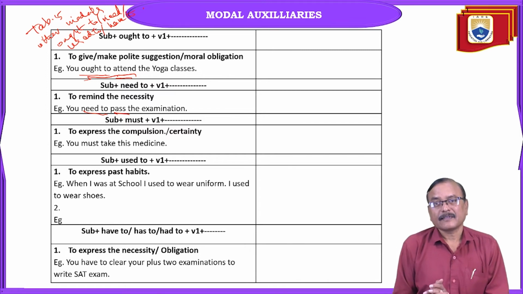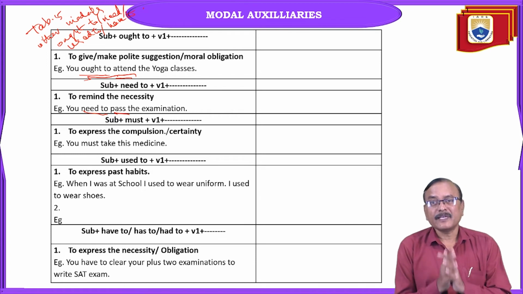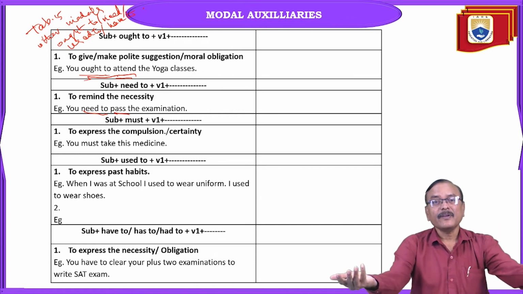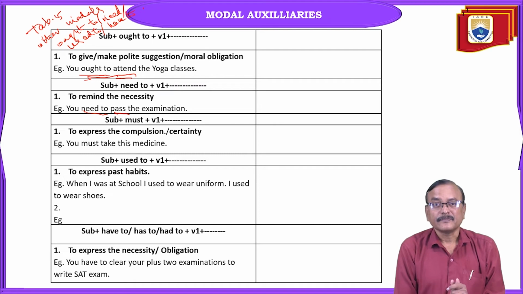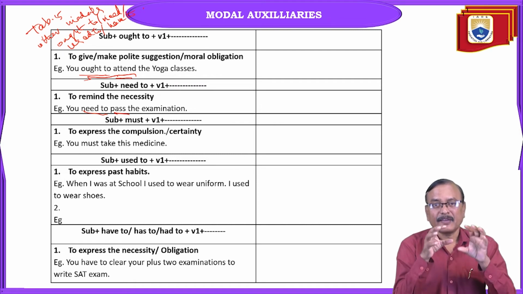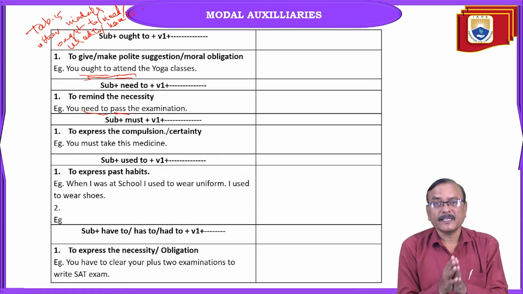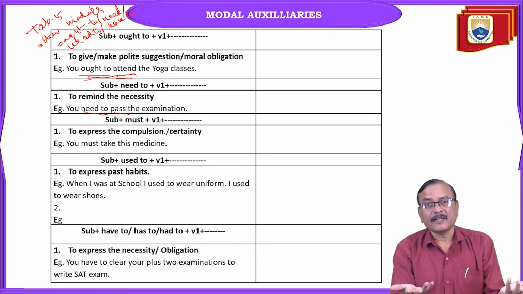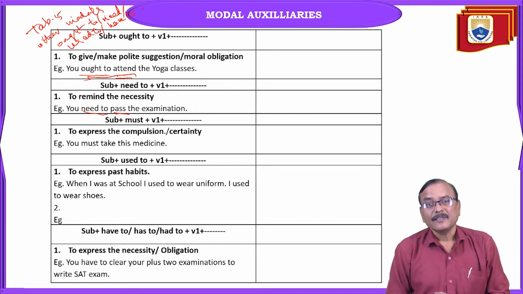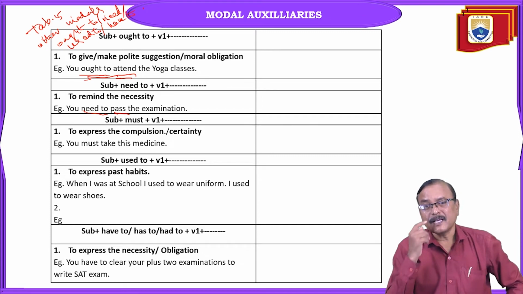If I say you must take this medicine, it means there is no alternative. You should means I am suggesting you strongly. But if I say you must take this medicine, there is no alternative for you. Is it clear?